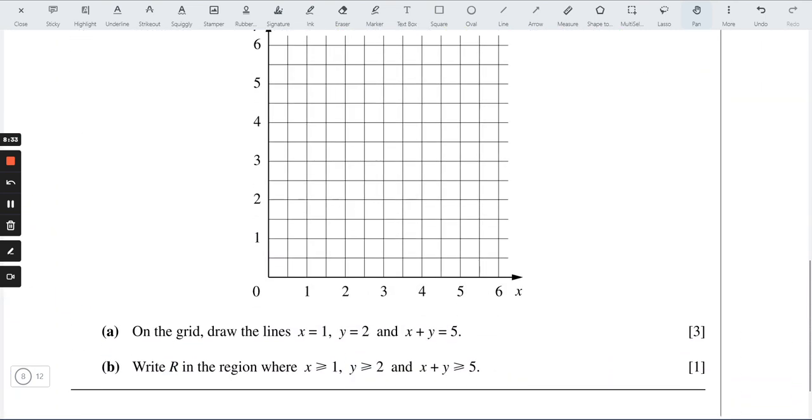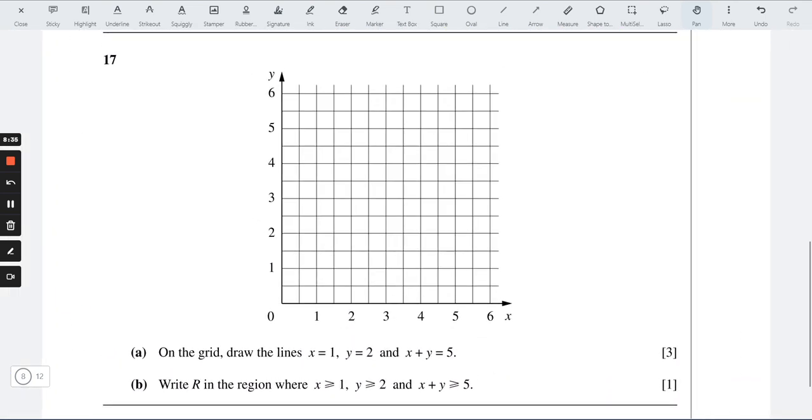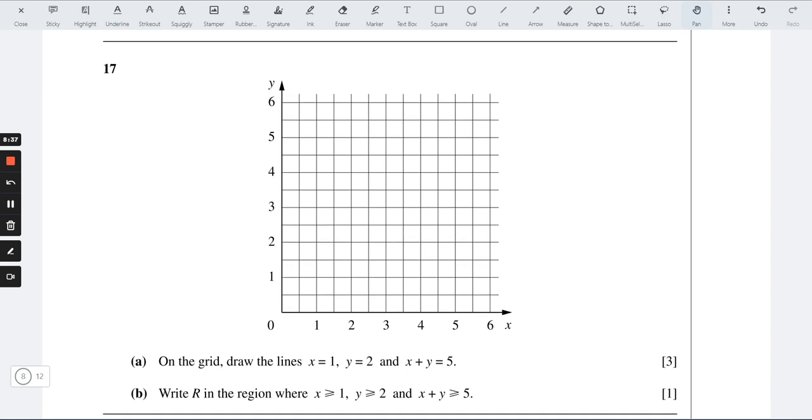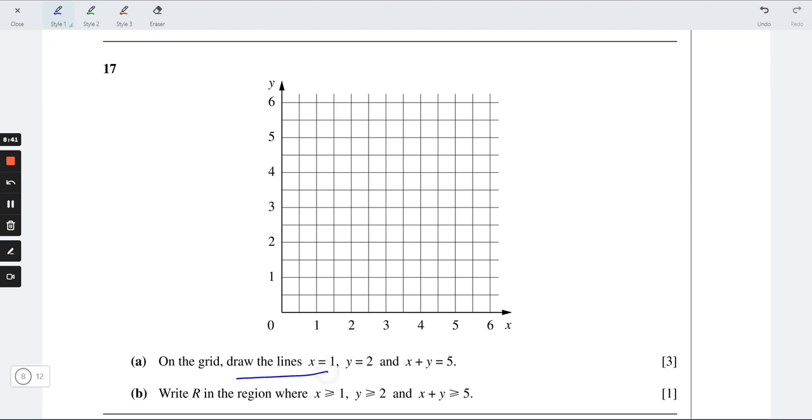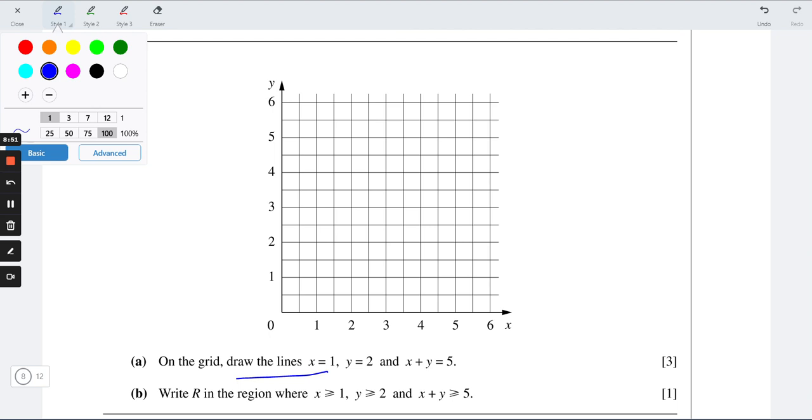Question 17 is working with inequalities, and here you have to draw each inequality on this grid. So now on the grid, draw the lines. x equals 1 means for any value of y, x is always 1. So this is the line x equals 1.